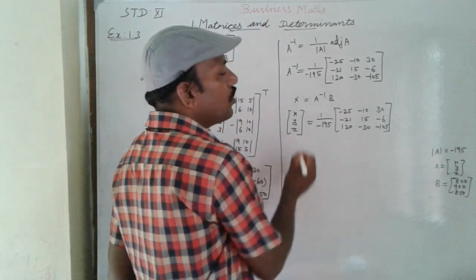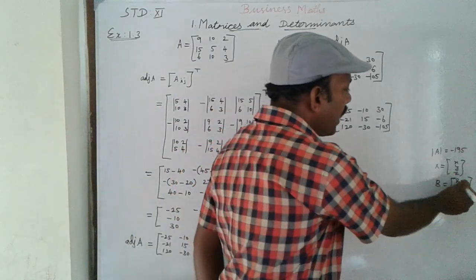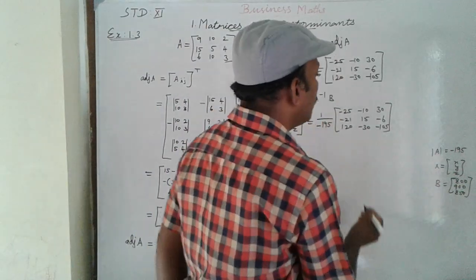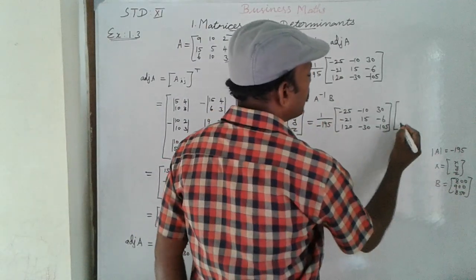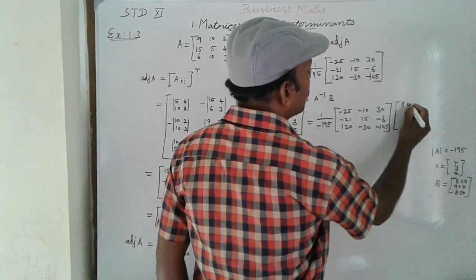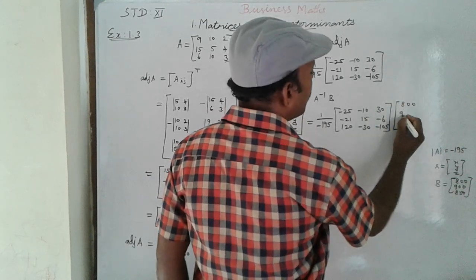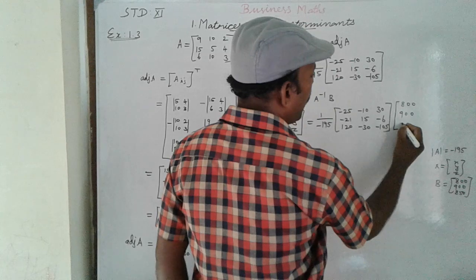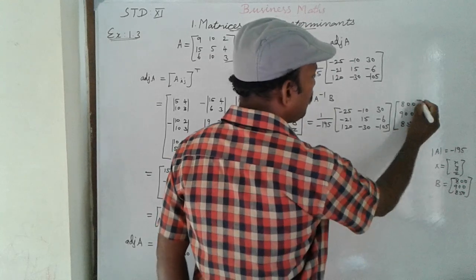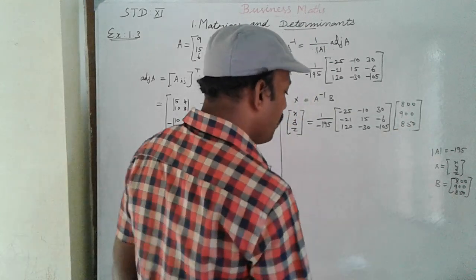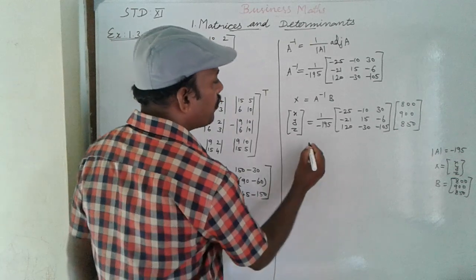Next is the B value. B is 800, 900, 850. So we should multiply this.